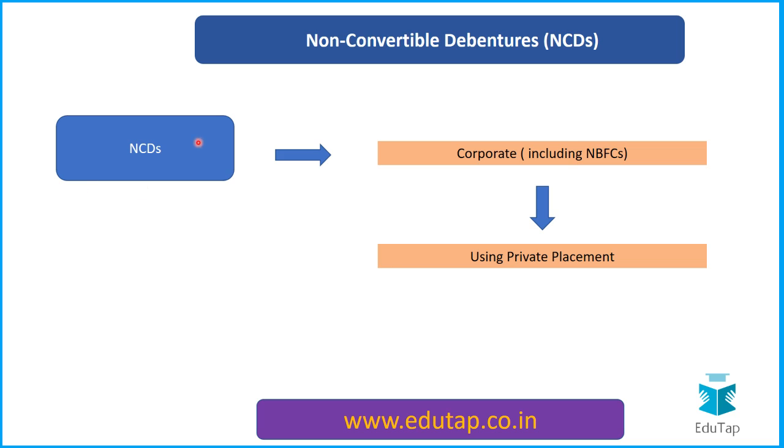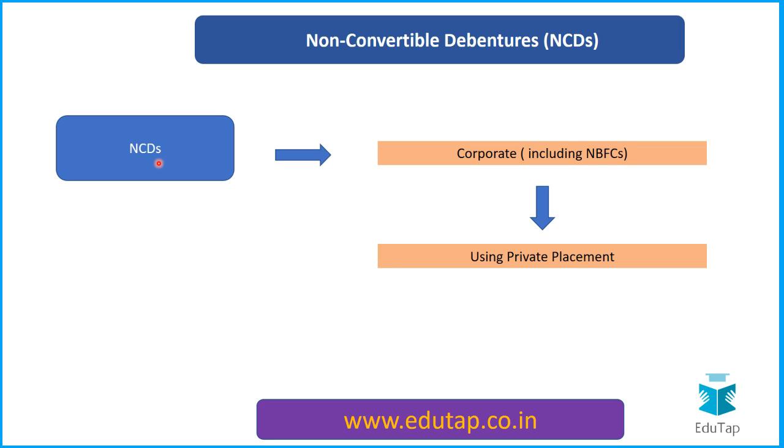So what are non-convertible debentures? Basically, when you raise money using bonds, and those bonds or debentures cannot be converted into equity later, those are called non-convertible debentures. The convertible ones would be where the bonds get converted into equity.